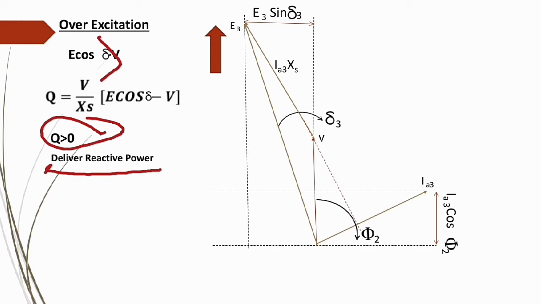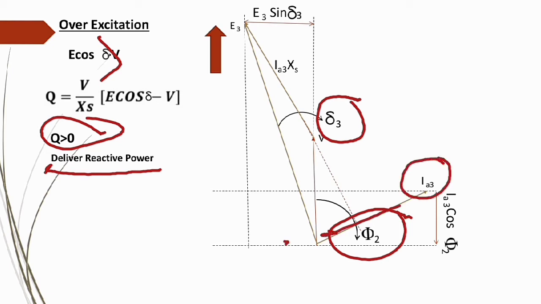In that case the value of phi 2 is more, the load angle will reduce more, and the armature current will be more. The power factor angle increases, which means power factor will reduce more, when we give more excitation.